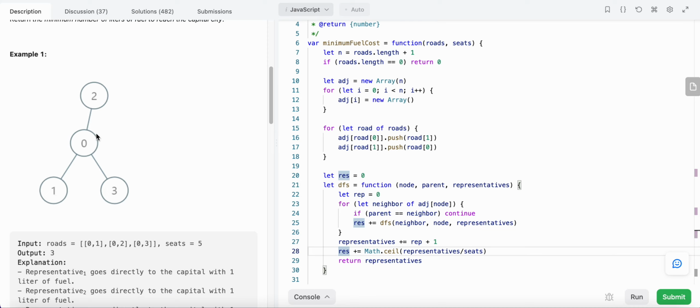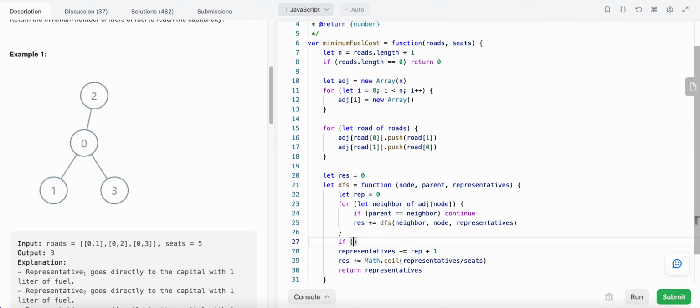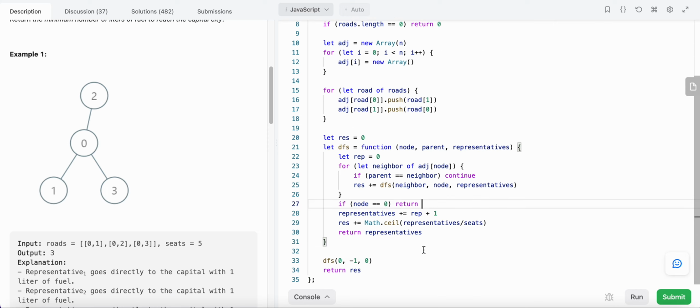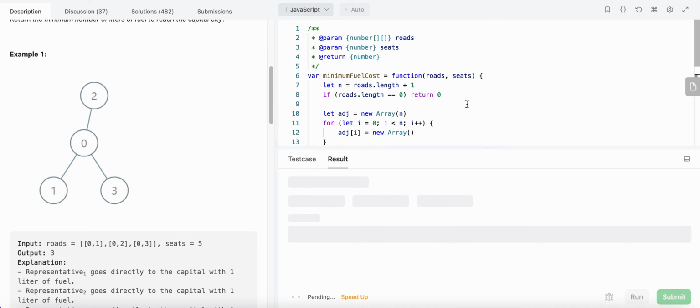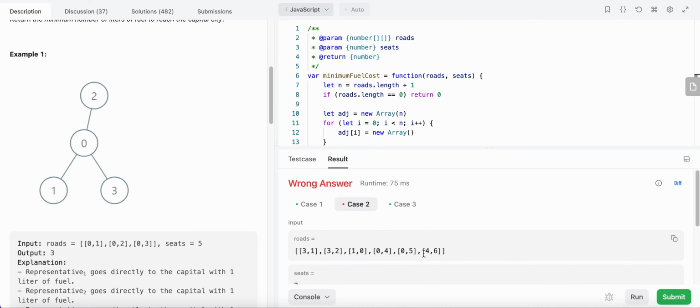Once we have reached here, we are not going to perform any operation. So that's why if node is equal to 0, we are just going to return 0. So now that we have performed all our operations, let's try to run our code and look for any errors.